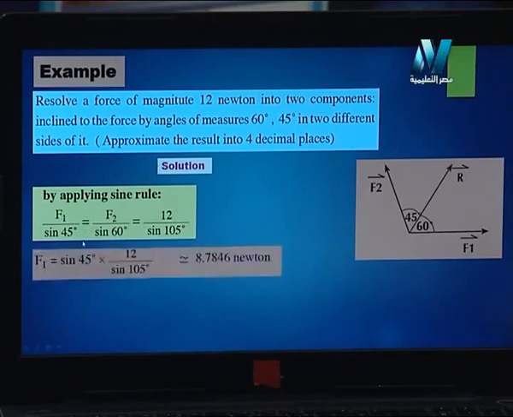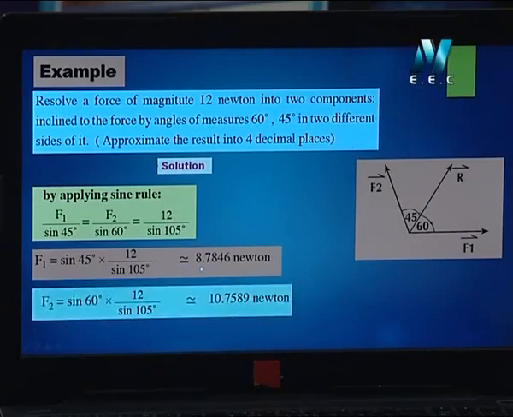F1 here equals sine 45 multiplied by 12 over sine 105. The answer is approximately 8.7846 Newton. F2 equals sine 60 multiplied by 12 over sine 105, which is approximately equal to 10.7589 Newton.